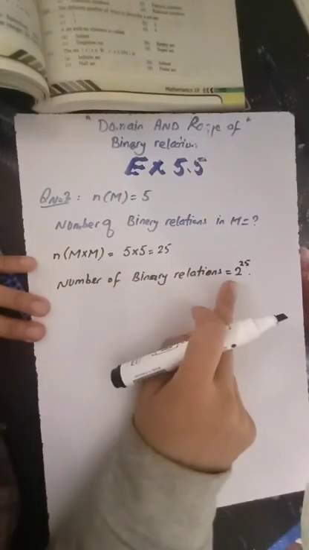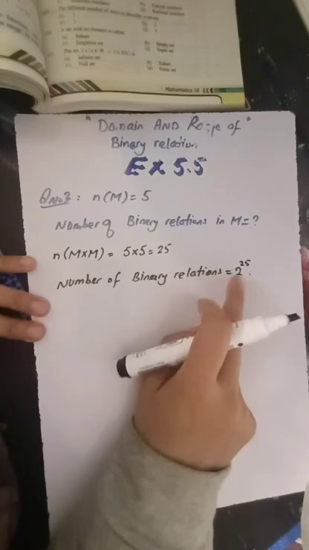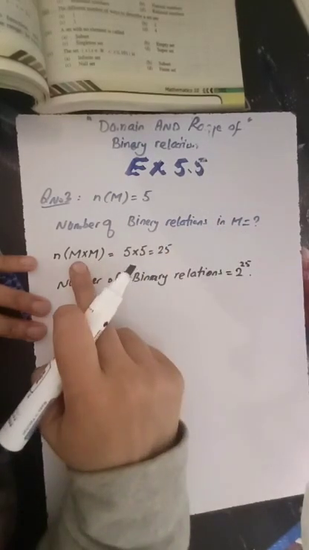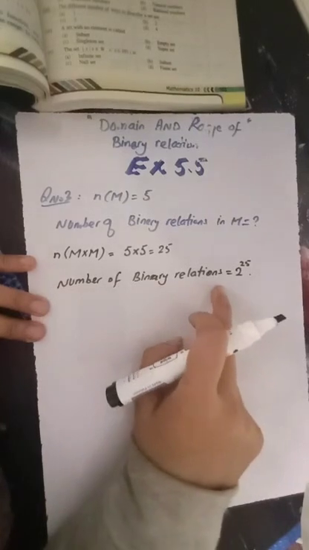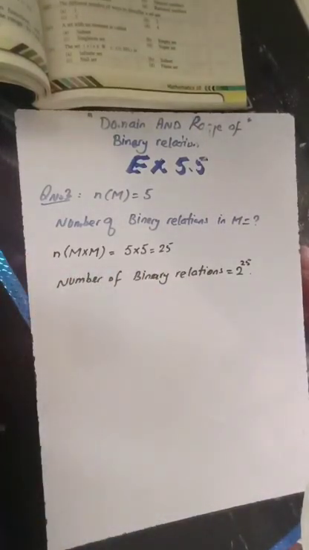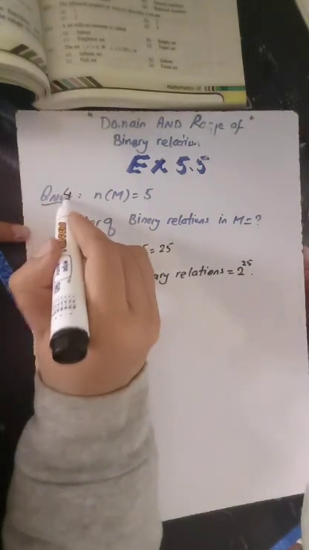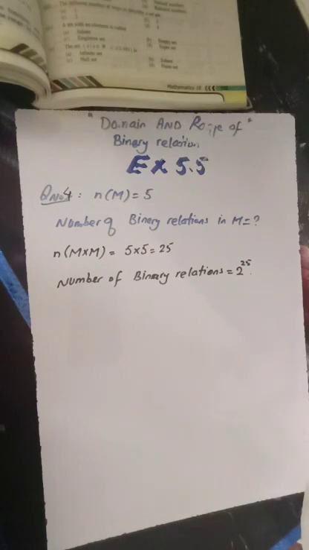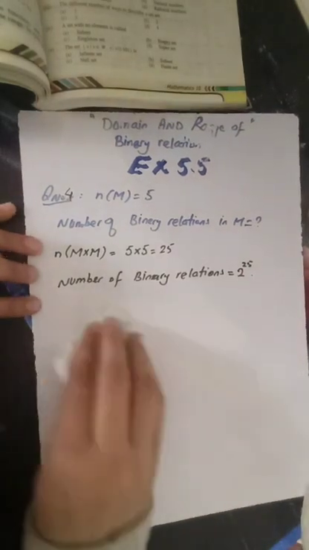This is the number of binary relations that you are going to obtain when you make all the possible subsets of this set. Okay, so this is how you do this question. This completes question number 4. Now let me do question number 5.